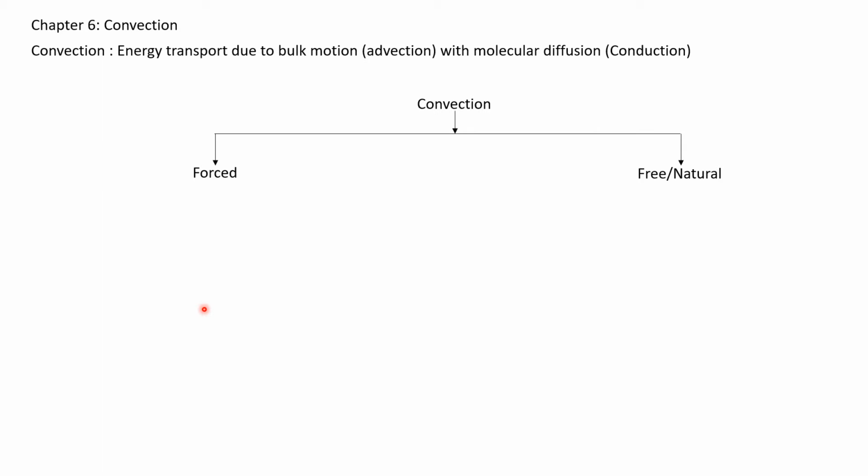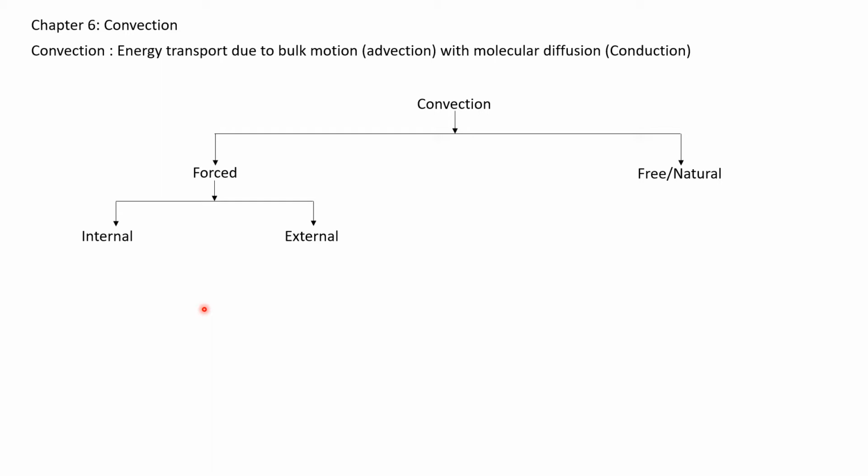Convection can be broadly categorized into two parts. One is forced convection and the other is free convection, also called natural convection. Actually, both types of convection can be categorized as internal and external. Now, what do we mean by internal and external convection?